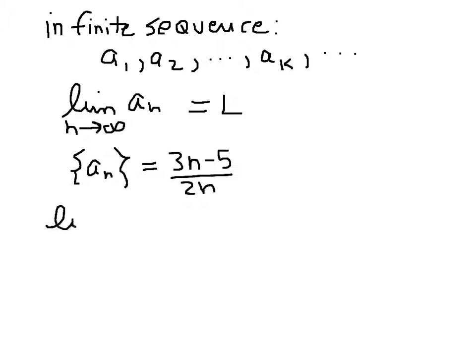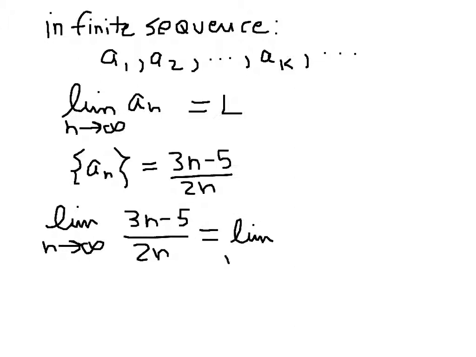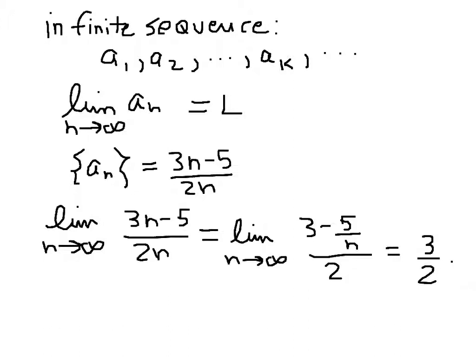And we want to ask the question, does this have a limit as n goes to infinity, and if so, what is it? So this should remind you of the work that you did with rational functions, but the way that we can analyze this is to multiply top and bottom by 1 over n, and we get this. And now if n goes to infinity, this goes to 0, and we see that this is just equal to 3 over 2. Okay?